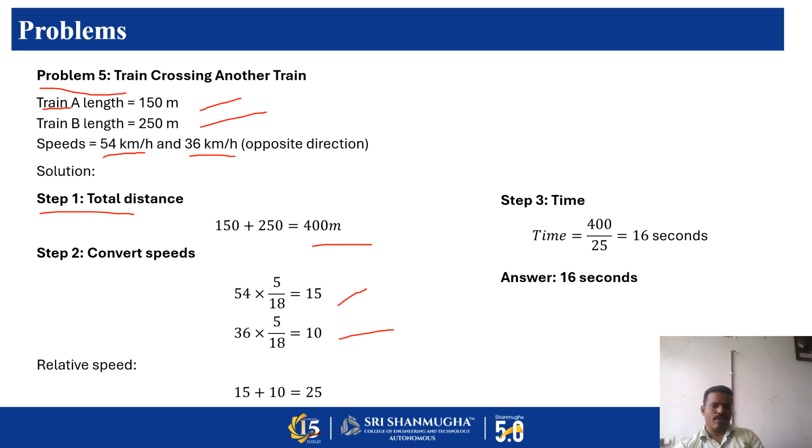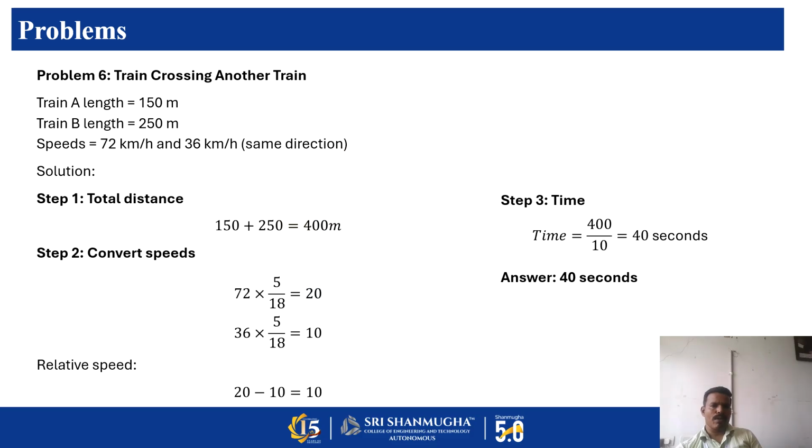Relative speed in the opposite direction is 15 plus 10, which is 25. Time is distance by speed: 400 divided by 25 is 16 seconds, for one train crossing another.